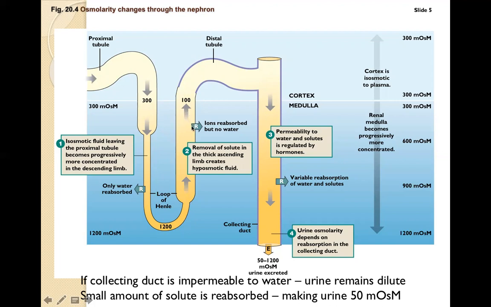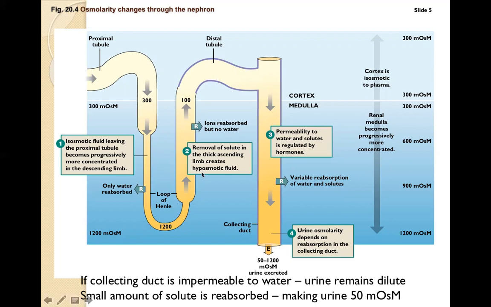And you end up with the thick ascending limb of the loop of Henle. This region of the loop of Henle is only permeable to solutes, to ions. So there's reabsorption of sodium, chloride, and potassium here. So you've just concentrated the filtrate, but now you're taking that solute back out.